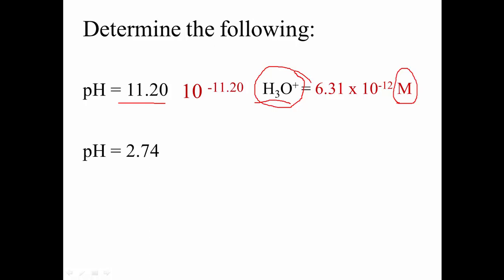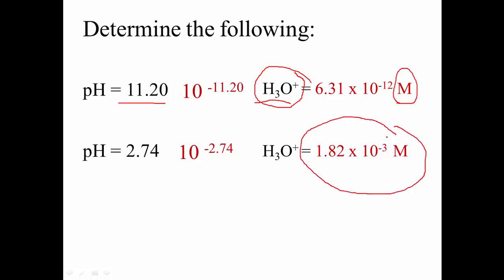So on your calculator, second log, so second button, top left corner, okay, second log, and then put in negative 2.74 to give you a molarity of 1.82 times 10 to the negative 3. Notice your hydronium ion concentration is much stronger. Remember, a negative exponent means this is a very small number. The larger your negative number, the less concentrated or the smaller it is.